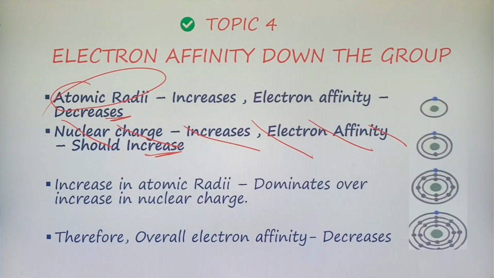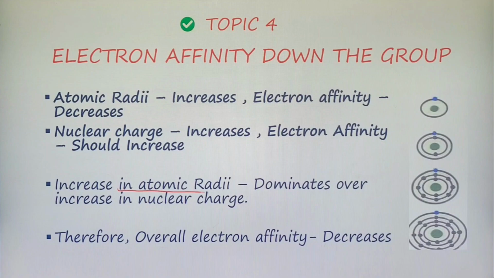So this effect gets cancelled. So which factor do we take into picture? We only take the atomic radii. So can you see here? Increase in atomic radii dominates over increase in nuclear charge. So we cancel out this effect. So overall, what happens to the electron affinity down the group? Electron affinity down the group decreases.